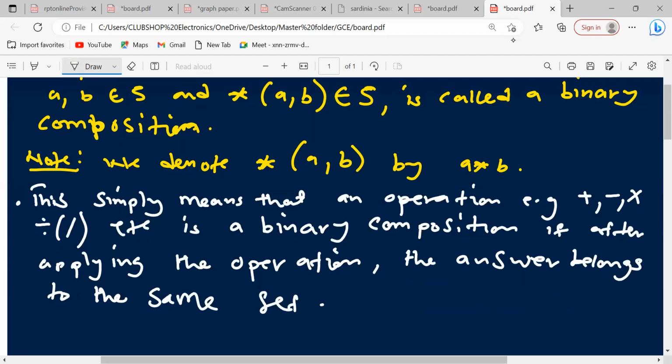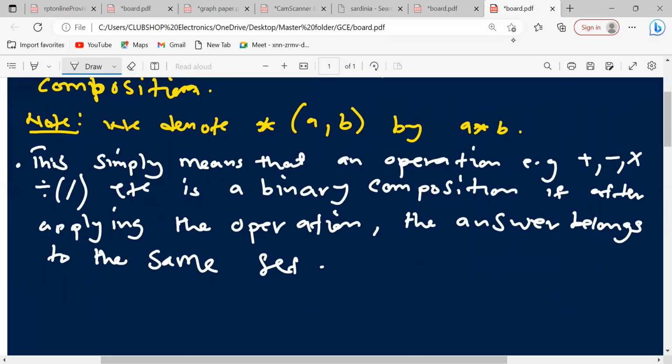For example, there is a set that you are considering. You take, for example, your operation, let's say addition. So after doing some addition, whatever answer that you're going to get, if it is still in that set, if the sum is still in that set, then you can say addition in that case represents a binary composition.